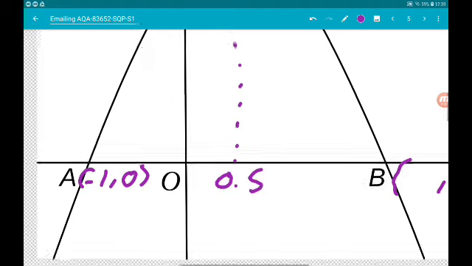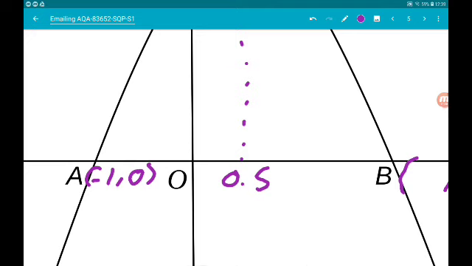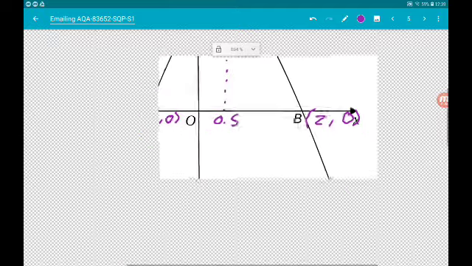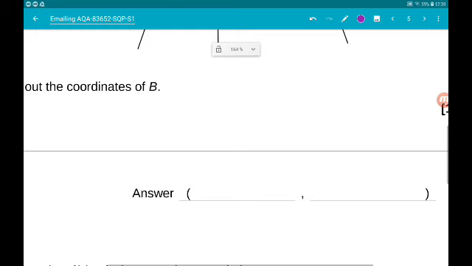Now, to get from minus 1 to 0.5, we've gone along by 1.5. So to get over to B, we're going to go along another 1.5, which is going to give us 2. So the coordinates of B are 2, 0.